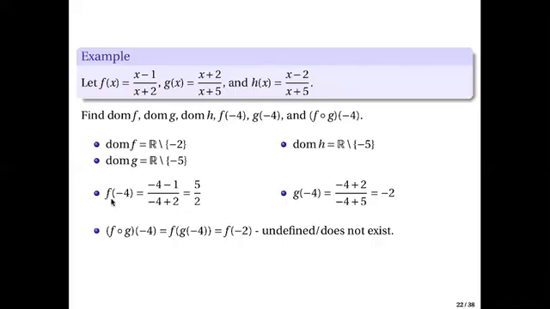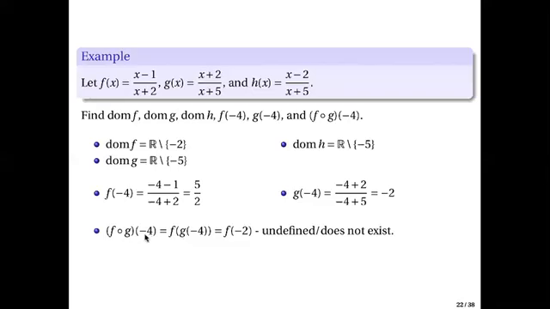For these two, f of negative 4 and g of negative 4, it's just evaluation. So you replace the x with negative 4 here. In here, you replace the x in g with negative 4. But be careful when computing f of g of negative 4.